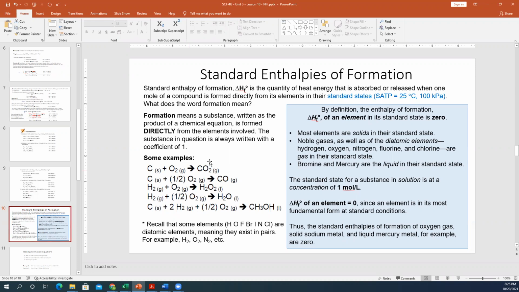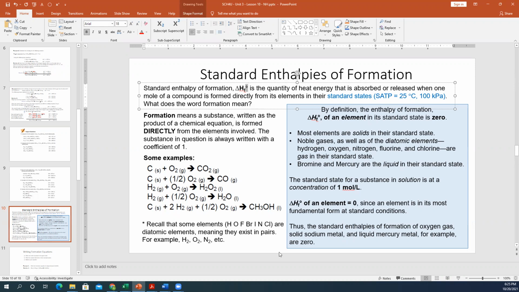So that word "standard" here draws your attention to it being standard state. And by standard state, we mean 25 degrees Celsius and standard pressure, 100 kilopascals. And what do we mean by the word formation here?